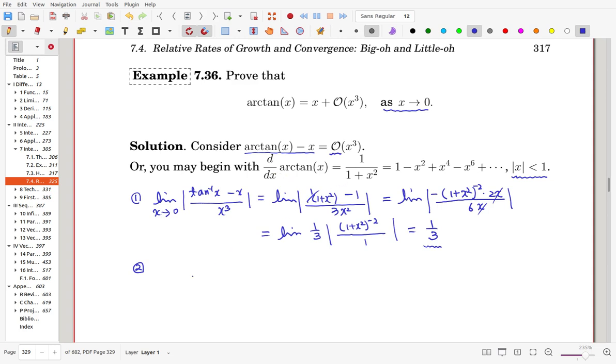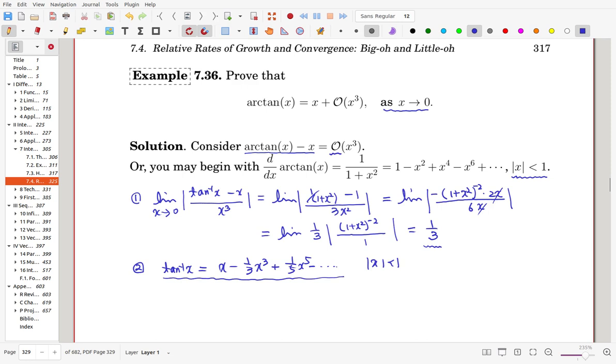Integrating both sides, we arrive at arctangent of x, which is x, now minus x squared is changed into 1/3 of x cubed, and then the next term is 1 over 5 x to the 5, and minus, and so on. Once x is smaller than 1, it's true.